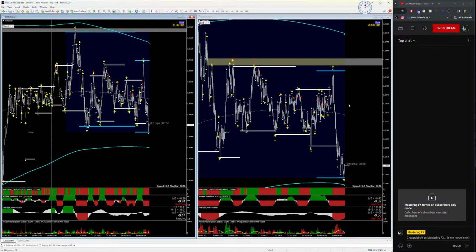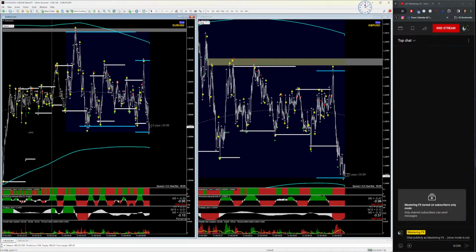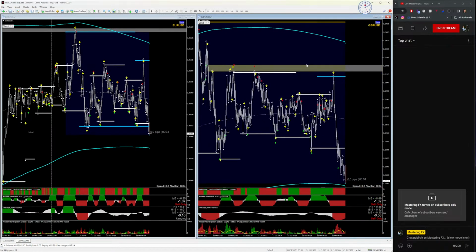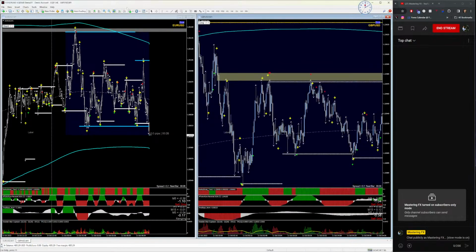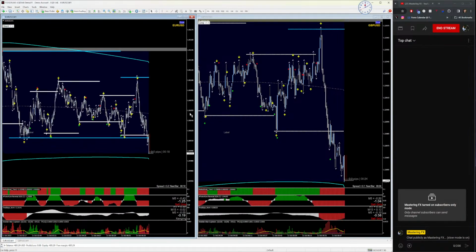Alright, that's 2. Let's see what we're doing here. Like I said, I'm only interested in a long if we actually do touch the band, because we clearly came out of the band on the other side already. In this case here, same here. So in order to take a long, I would like to see a touch on the band. Does come down. Okay, let's see.